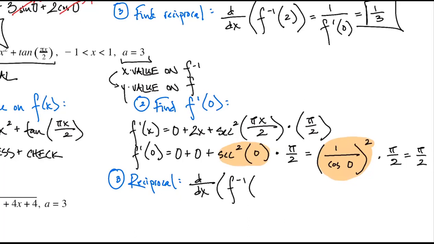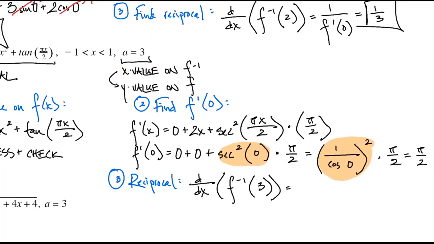It's not 0. It's not pi over 2. Yeah, it's 3. This is where we started our question, right? We wanted to find the derivative of the inverse function at 3.